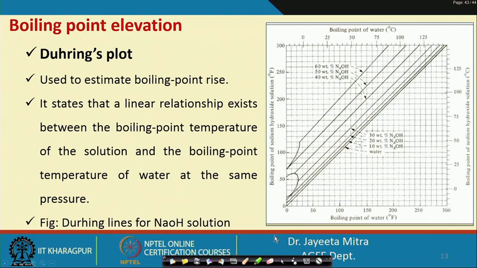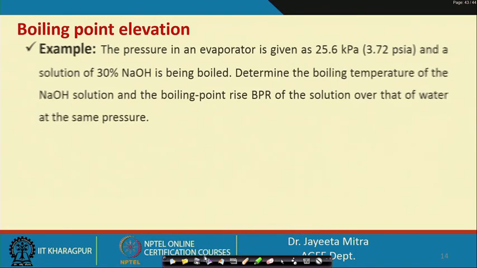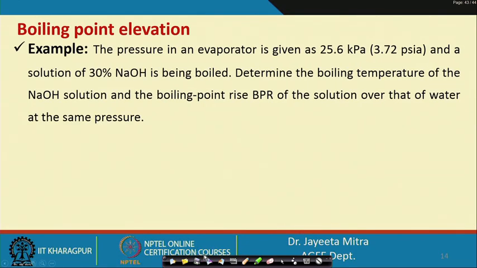The Duhring line is for NaOH solution, and for others we can also calculate it. Here we will solve one example. The pressure in an evaporator is given as 25.6 kilopascal or 3.72 psia, and a solution of 30% NaOH is being boiled. Determine the boiling temperature of the NaOH solution and the boiling point rise of the solution over that of water at the same temperature.